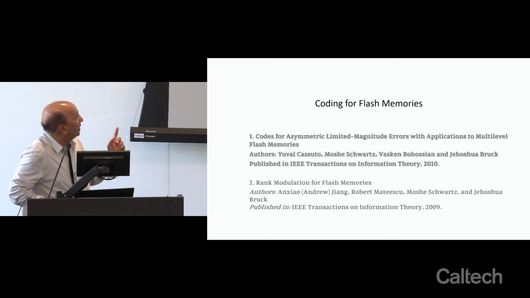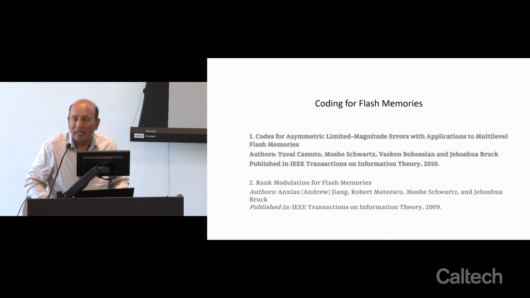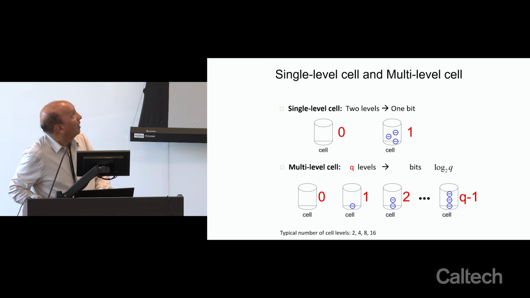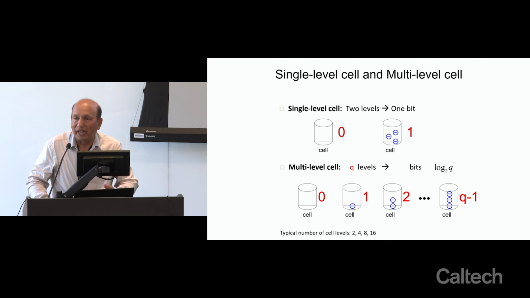The second paper is rank modulation for flash memories. These two papers were awarded best paper awards. And to just give you an idea of flash memories, I am taking the slides from Shuki's group, and these are Andrew's slides.